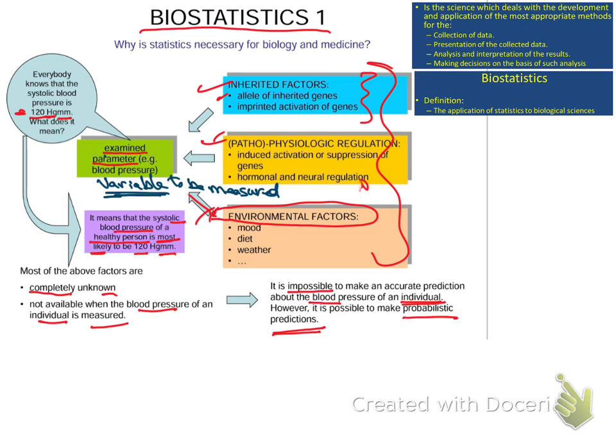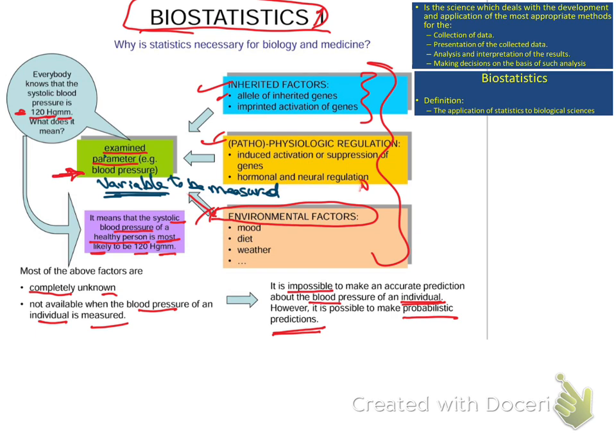So you know some or many of the factors which impact the blood pressure of this person. So you can predict it, but it cannot be given accurately only from biostatistics. Biostatistics give us an idea about the range of the variable or parameter which we are measuring. Just to wrap up this slide, here we have the blood pressure which we are measuring.